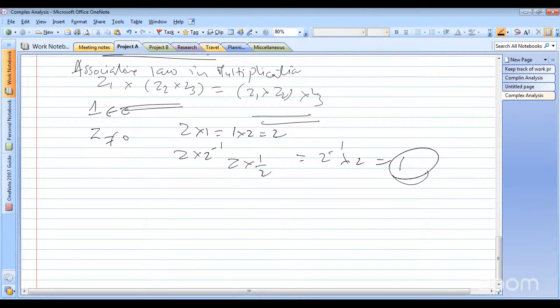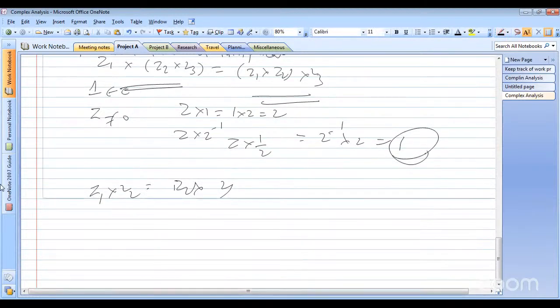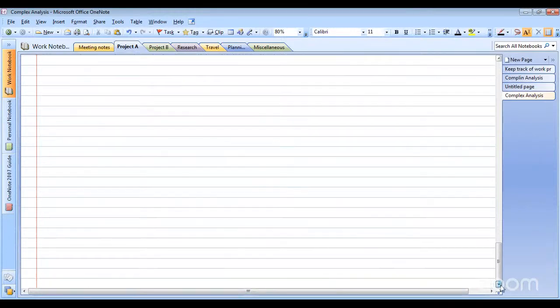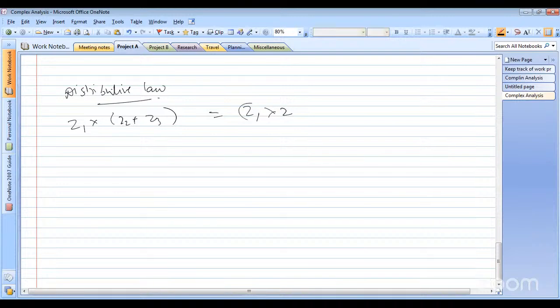Commutative law for multiplication: z1 into z2 is equal to z2 into z1. Distributive law: z1 into (z2 plus z3) is equal to z1 into z2 plus z1 into z3 we are writing here.